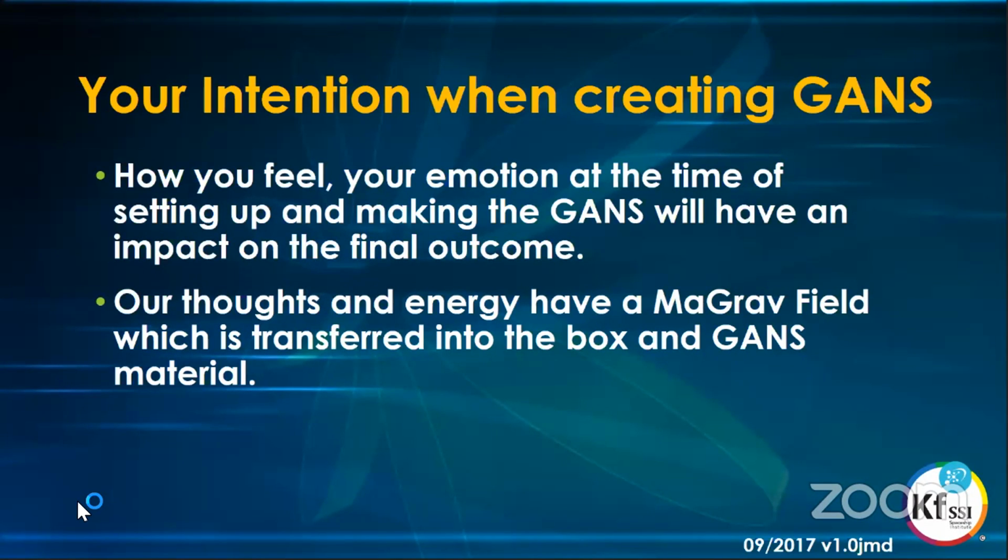So when we are making anything, particularly if we're making something for somebody else, have that intention of healing and wanting to help somebody else, and you're putting those maggrav fields into the ganses you're making. So it is very, very important to almost sit down and think before you start anything: what is your purpose, what is the intention that you want to create with anything that you are dealing with.